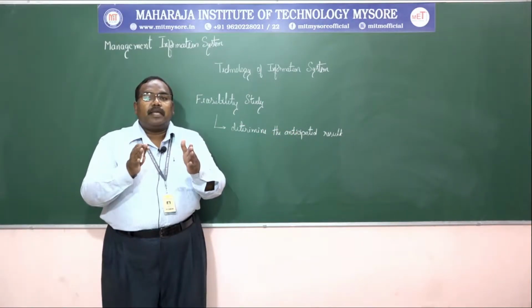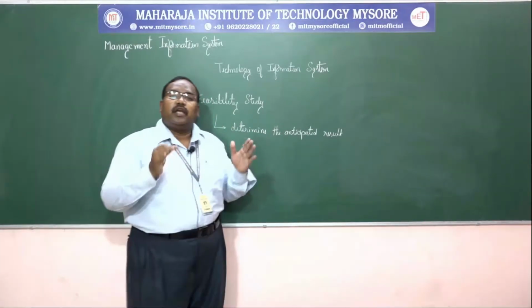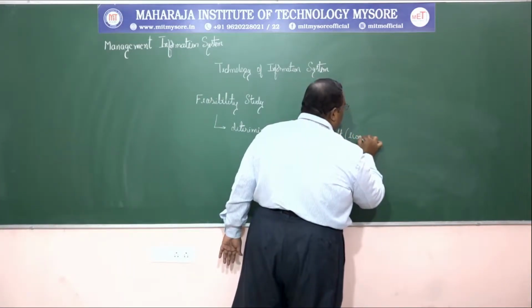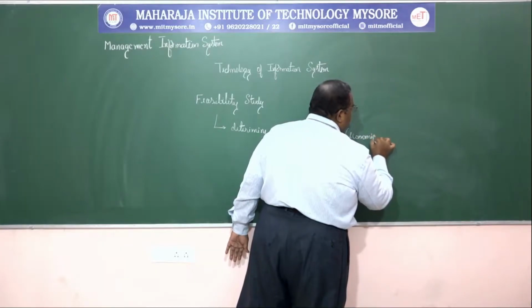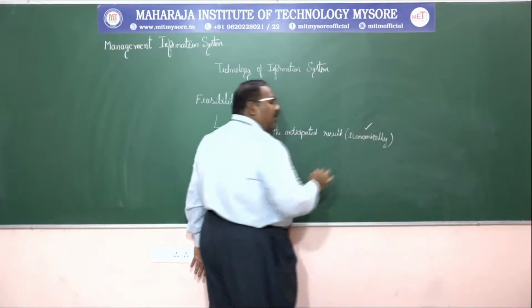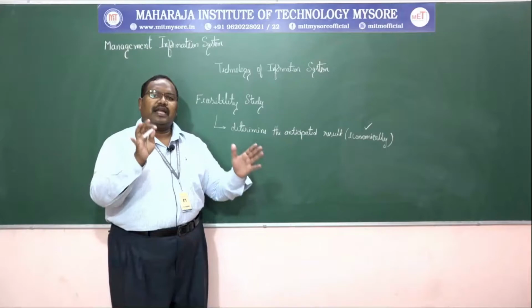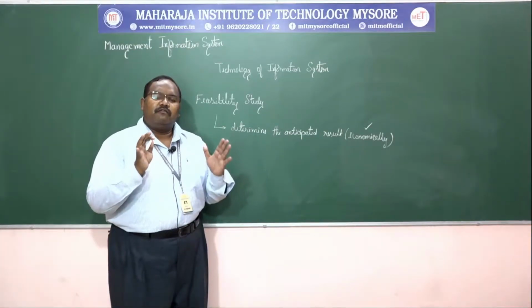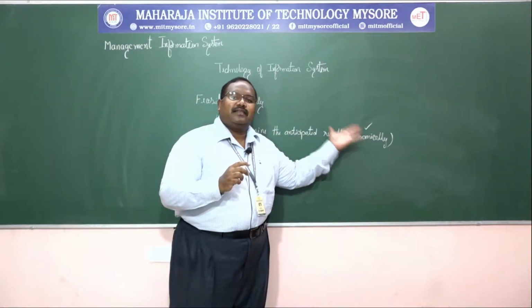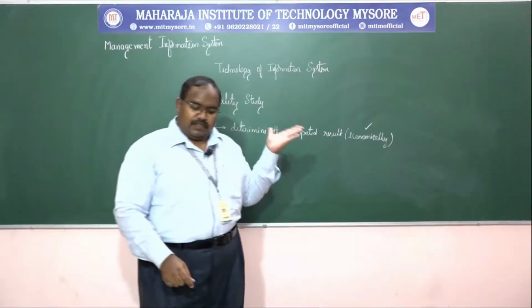This is important in an economical way, which is also very important, because every organization wants its anticipated result in a better manner, but also at less cost. This is the main objective of feasibility.